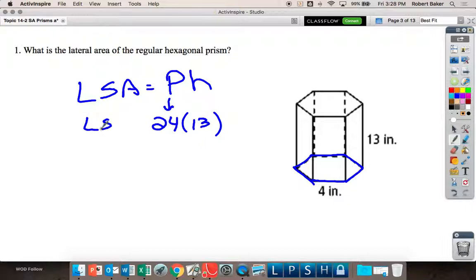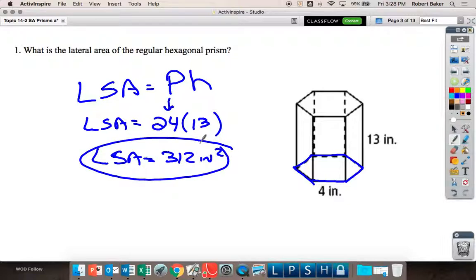So the lateral surface area is equal to 24 times 13, which is 312 inches squared. It is nasty. I wanted to give you the easy part first. So remember this number: the lateral surface area is 312.